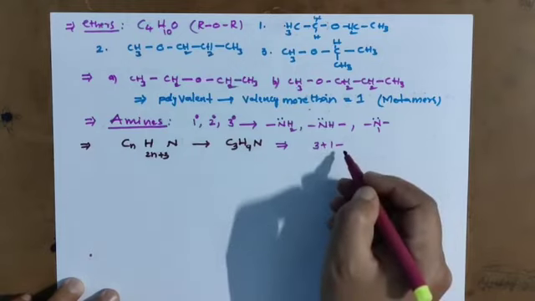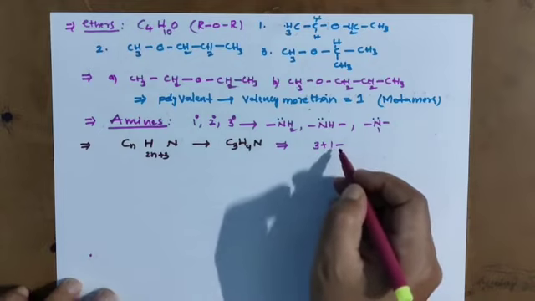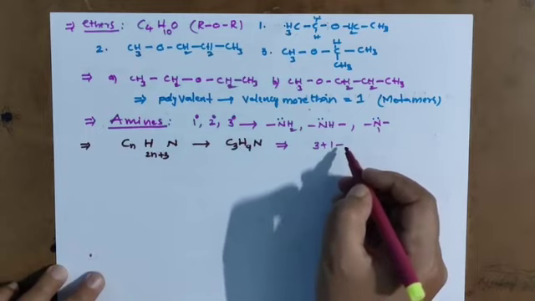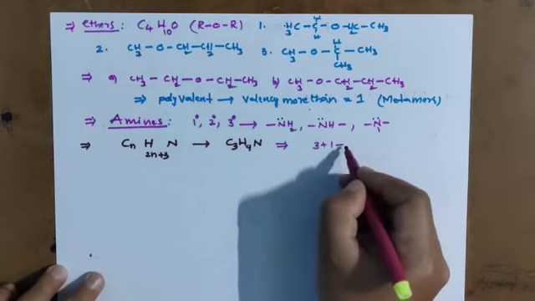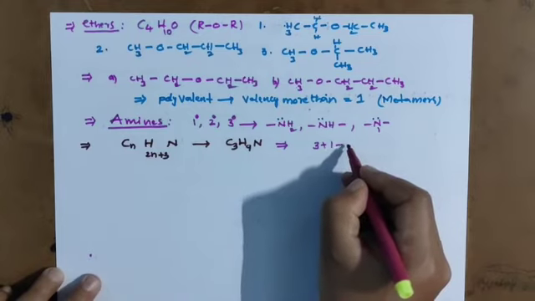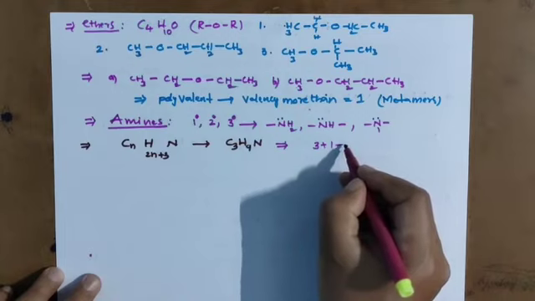So 1 by 2, and the remaining you get, N by 2 means 1 by 2, a fraction, minus. Clear. And the remaining is all H, that is H by 2.